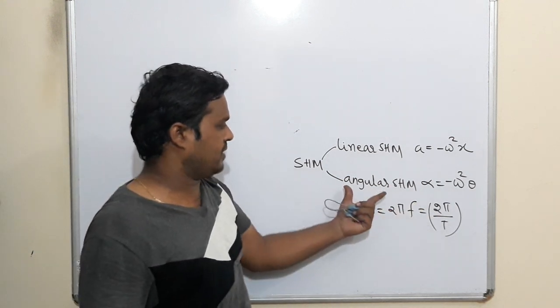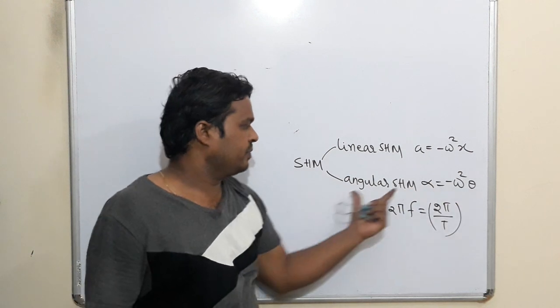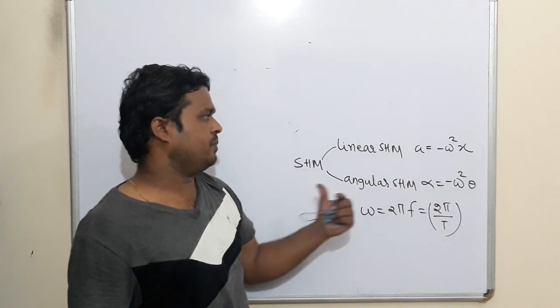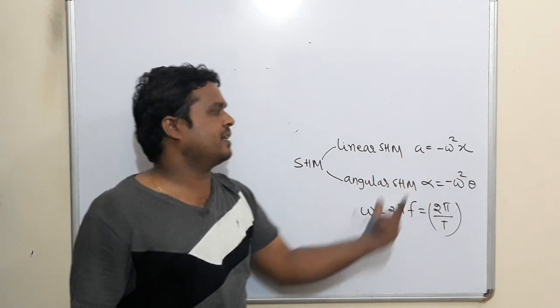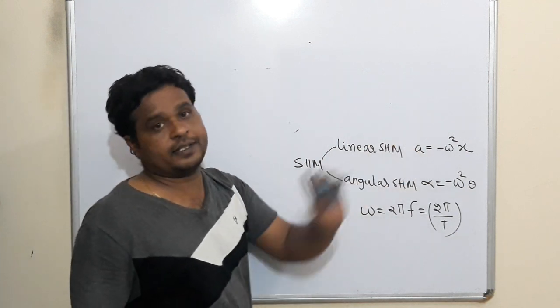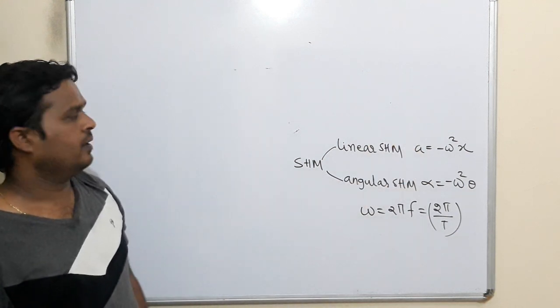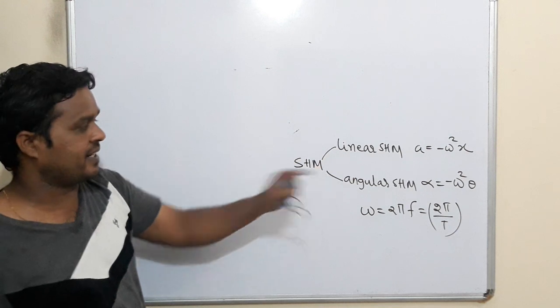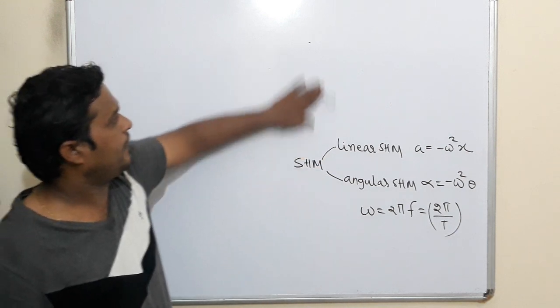If a particle satisfies this condition, it is executing angular SHM. If it satisfies the other condition, it will be linear SHM. Okay, remember this before I solve the next example.